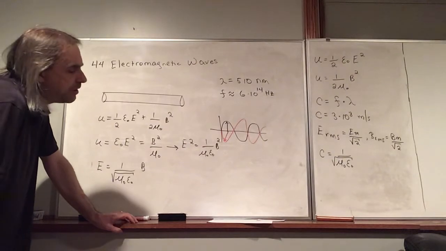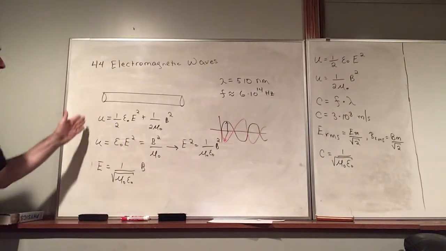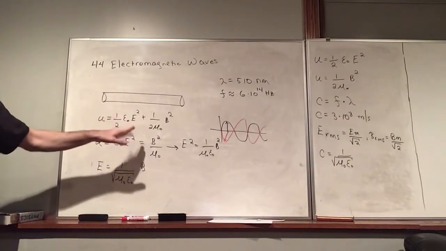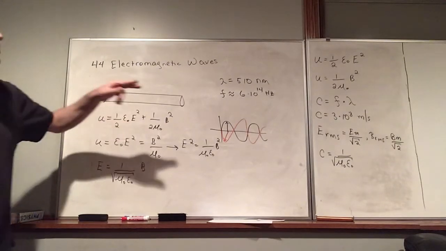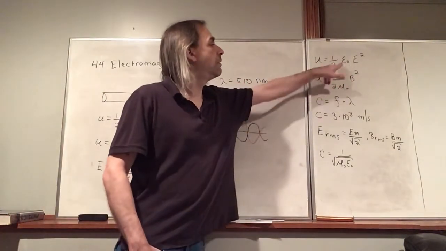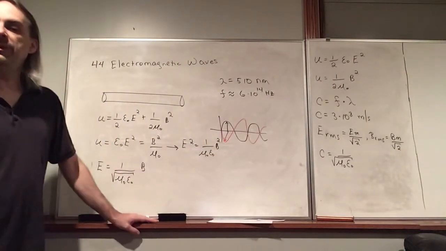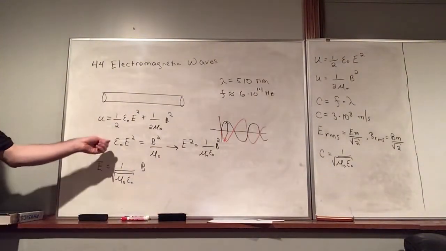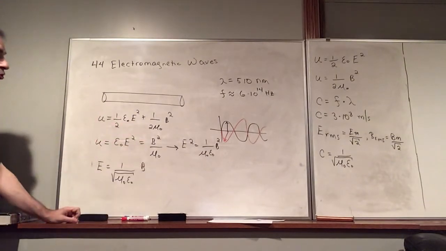I think that's actually all we need for this. We're looking at energy density, which we can write in 3 different ways. This is the basic one, where we have these 2 terms and add them up. But just that fundamental assumption that the energy is stored equally between the electric and magnetic fields allows us to write it in these alternative ways.